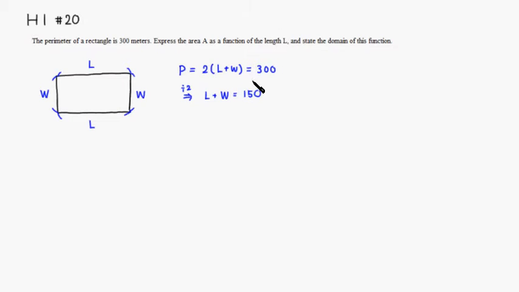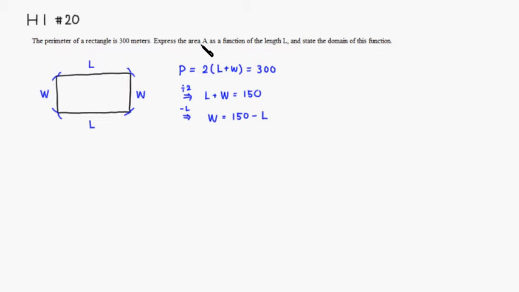Since we want to isolate W, I'm going to subtract L from both sides. Then you will get W is equal to 150 minus L. So W can be written in terms of this length L.